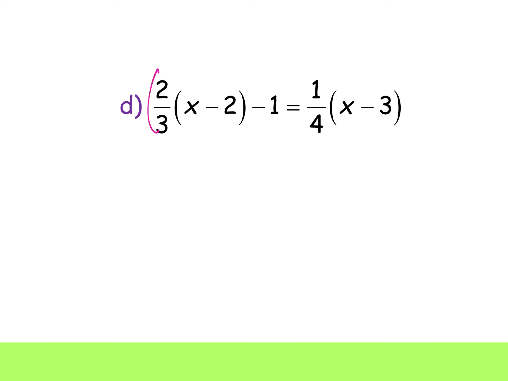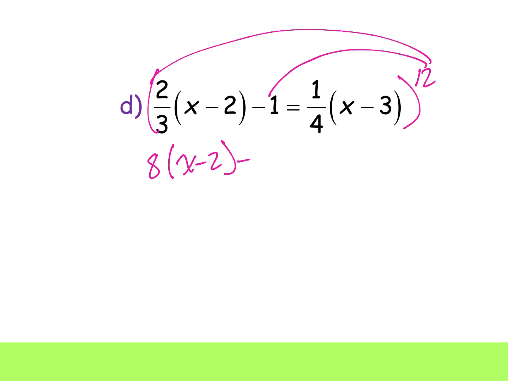Okay. I'm going to multiply by, what am I multiplying by? 12. Great. So 12 times 2/3 is what? 24 divided by 3, 8. So that's 2/3 of 12 is 8, times x minus 2. Minus, so I multiply by that, by the 1, and by the 1/4. There's 3 things I'm multiplying by. So 1 times 12 is 12, and then a fourth of 12 is 3.